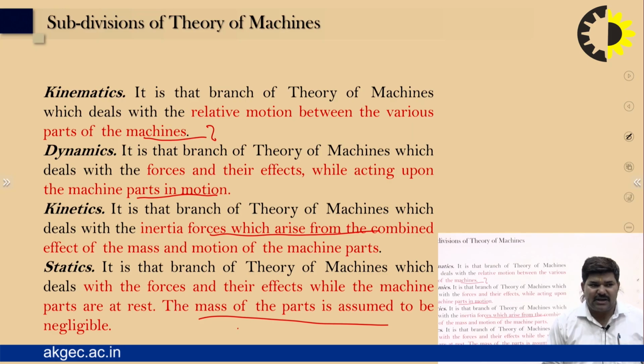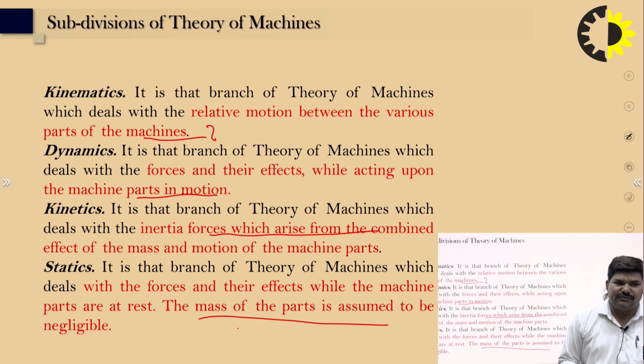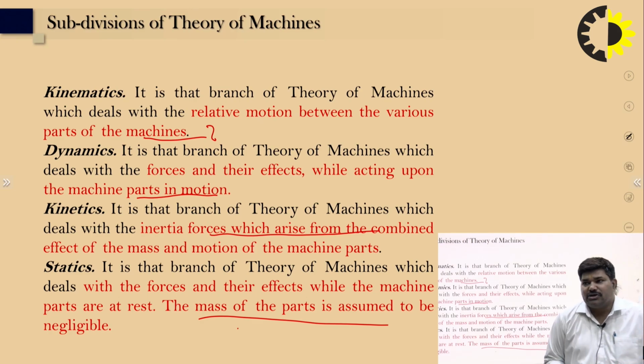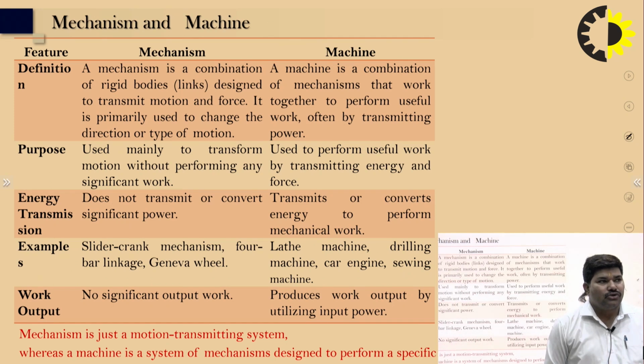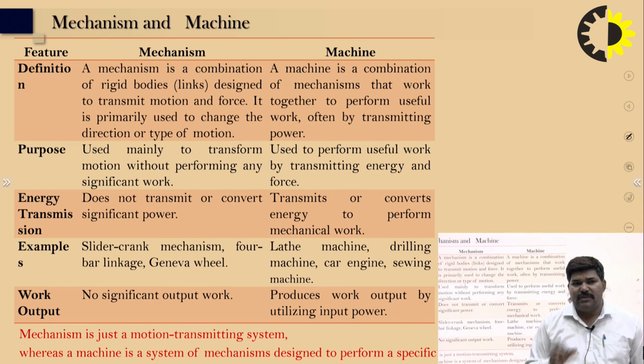In statics, we consider the forces and their effect on the machine parts in the rest position. These are the basic fundamentals we are using in the whole theory of machines. So, what is the difference between machines and mechanism?